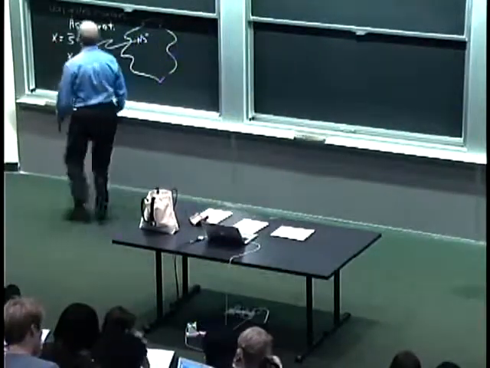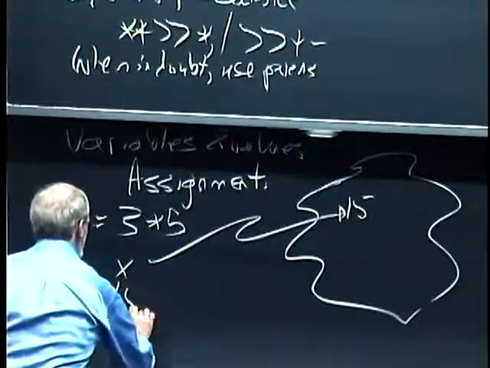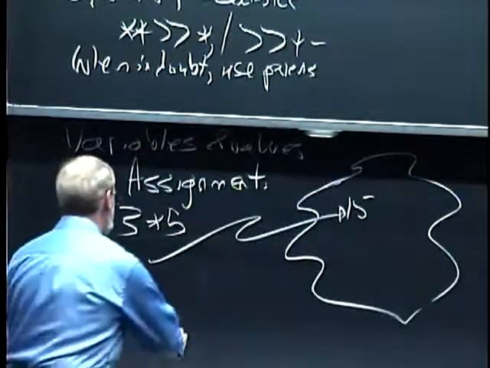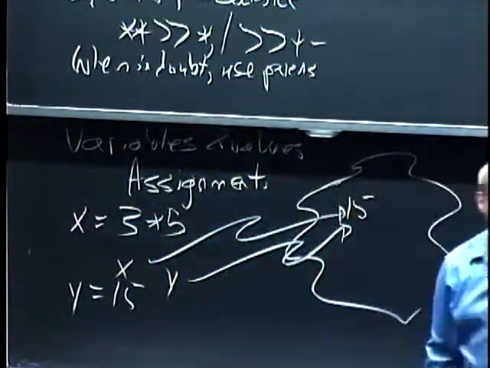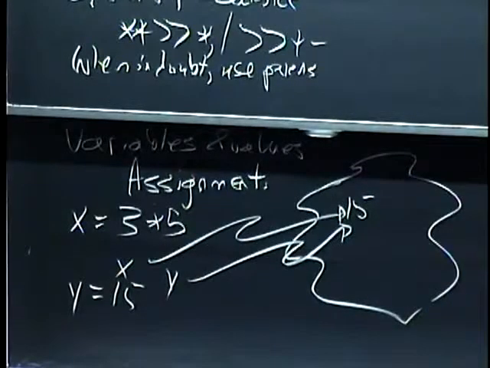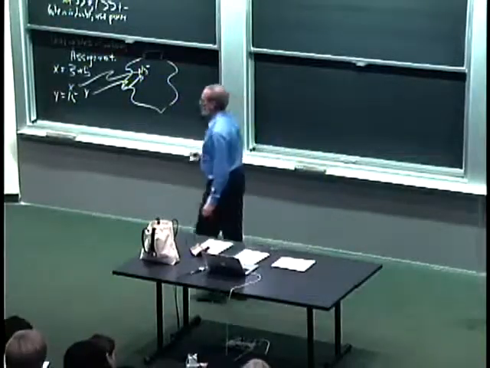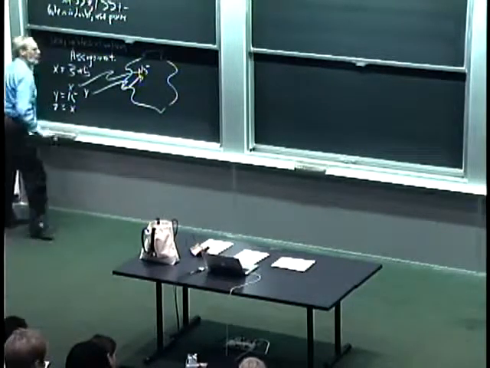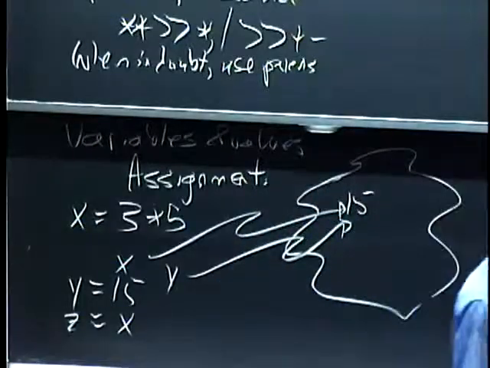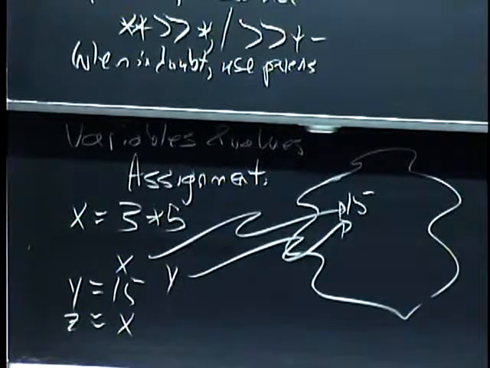I could have, for example, another assignment statement, and that creates a binding from y to that same value. And one of the things as a consequence I can do is I could have a statement like, let z be bound to the value of x. And I said it deliberately that way.